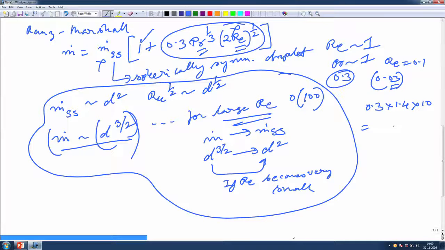So, it will be something like 3 into 1.4, around 5, scales around 5, right. So, this is 1, this is 5, okay. So, we do get a lot of increase in the m dot. So, m dot increases by almost 5 times compared to the steady state situation, when Reynolds number is of the order of 100. Got it?